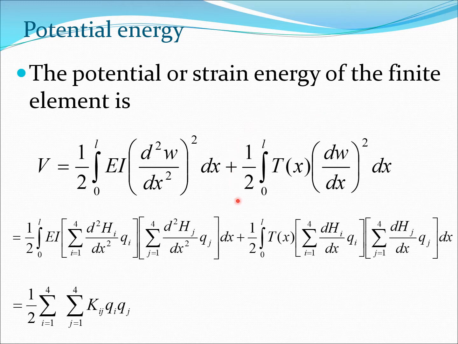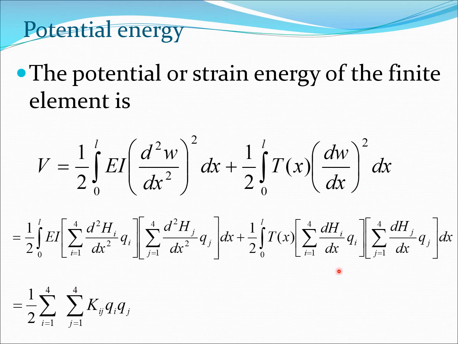Similarly, the part due to tension is expressed here. Now again we substitute for w. Remember w is the sum over i from 1 to 4 of Hi qi. So I get these equations here. So here the H gets differentiated once, here the H gets differentiated twice because you have a second derivative here, you have a first derivative here.